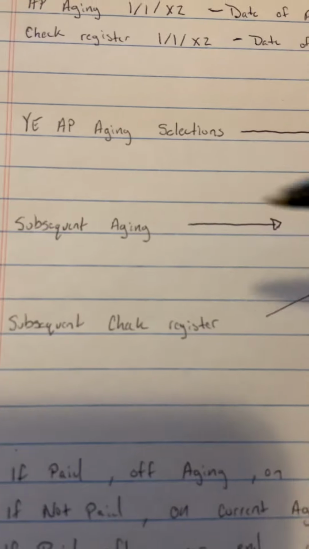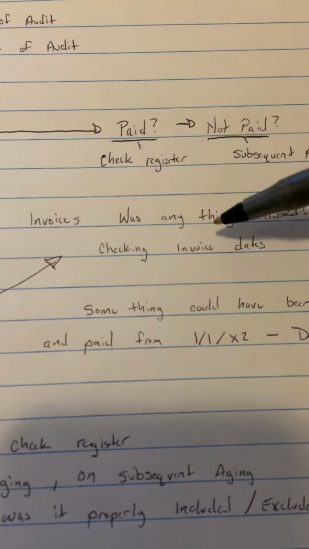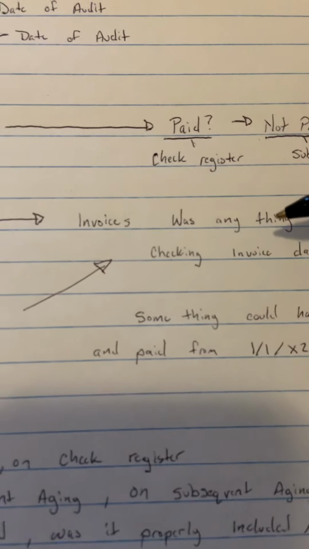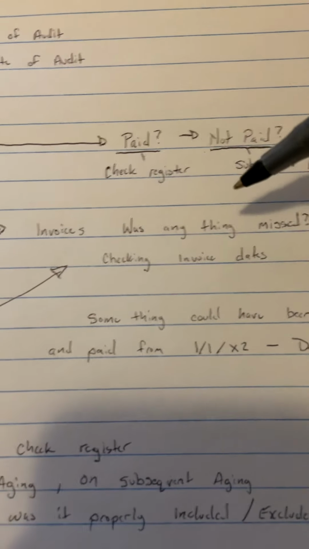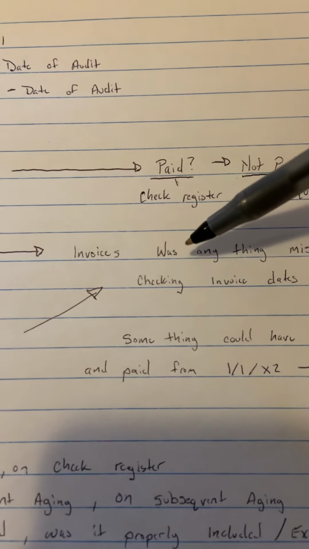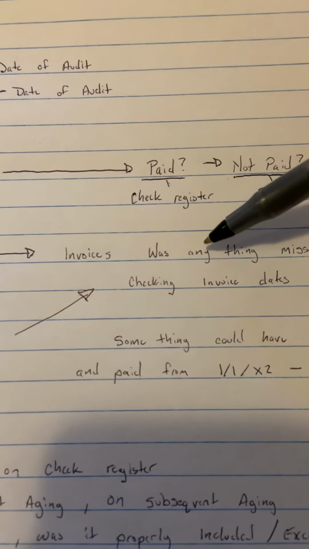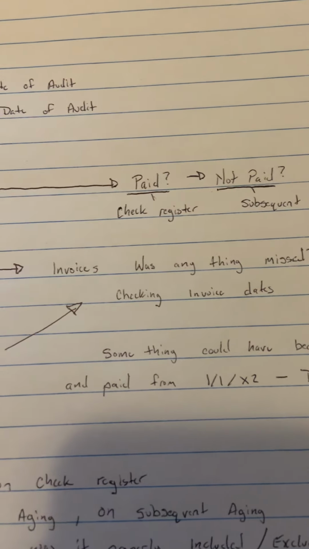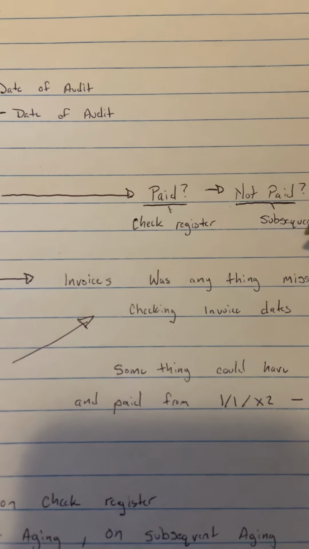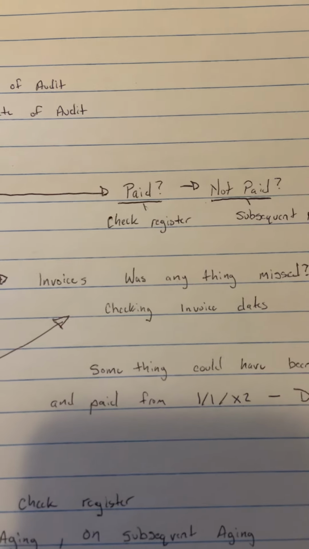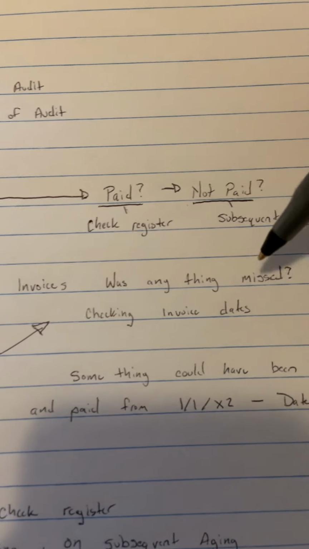Now, on the subsequent aging, we're going to make our invoice selections based off of the materiality. What we're trying to find out is, are there any invoices that were missed? Specifically, were there year-end invoices that were entered in after year-end, and are they on the aging?